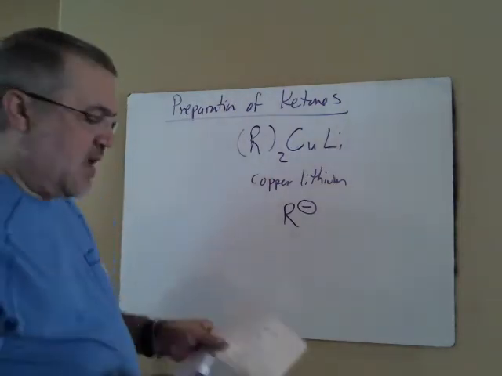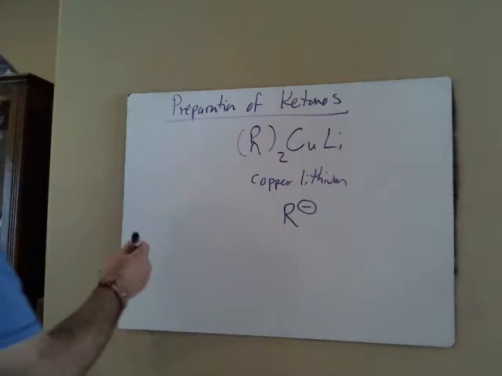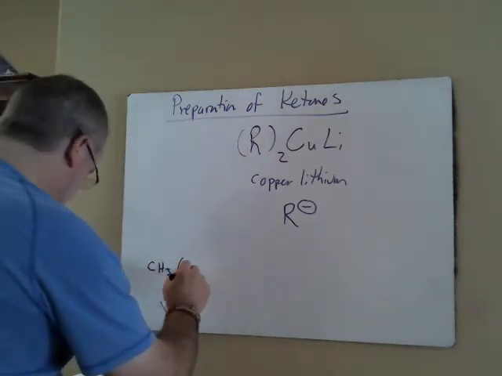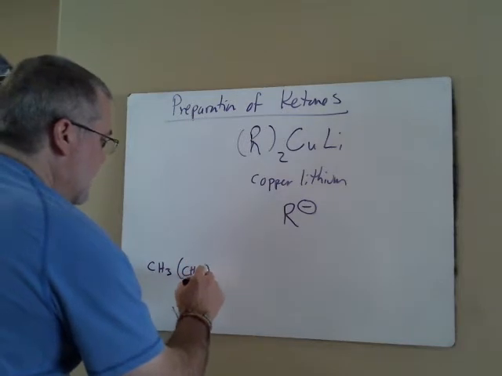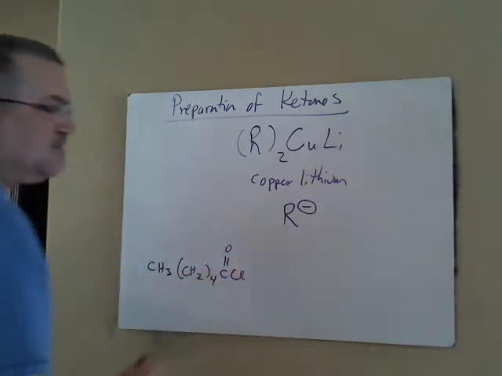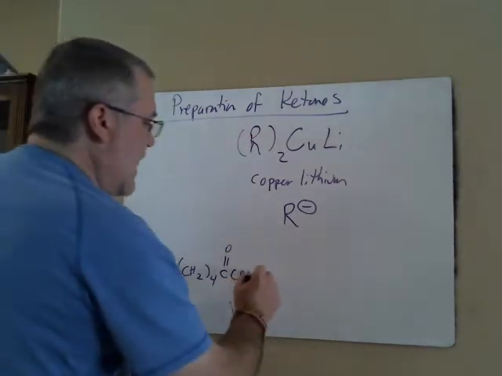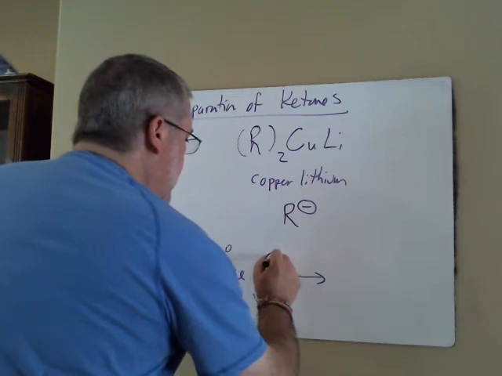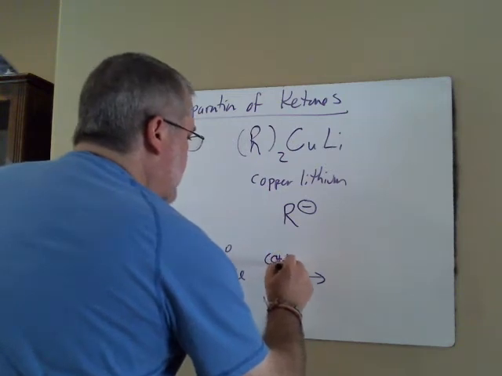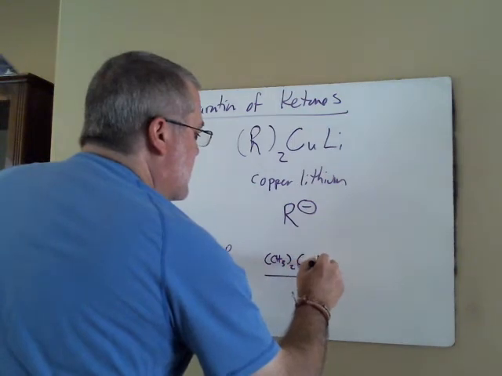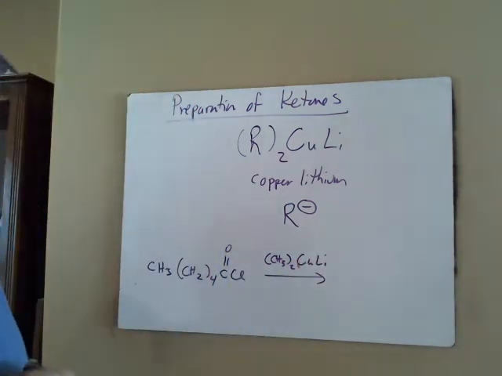If you want an example of that, the reagents on this arrow are going to be what you would have on your flashcard. Let's say that we have this acid chloride, and I'm going to react it with the Gilman reagent, a dimethyl Gilman.